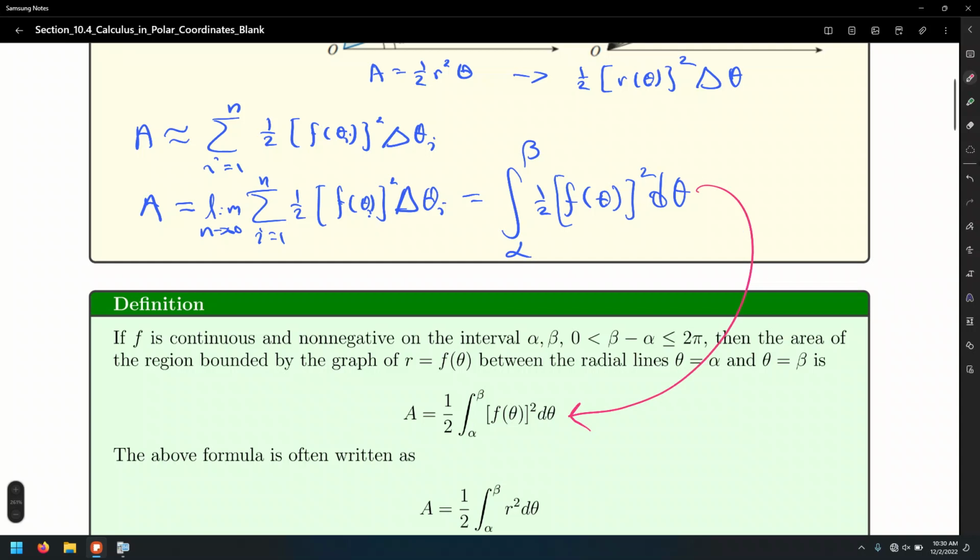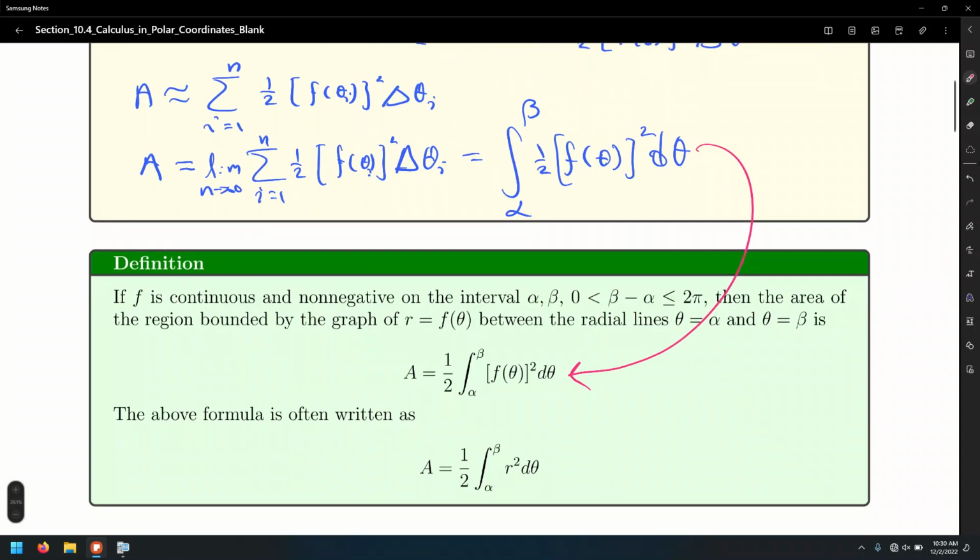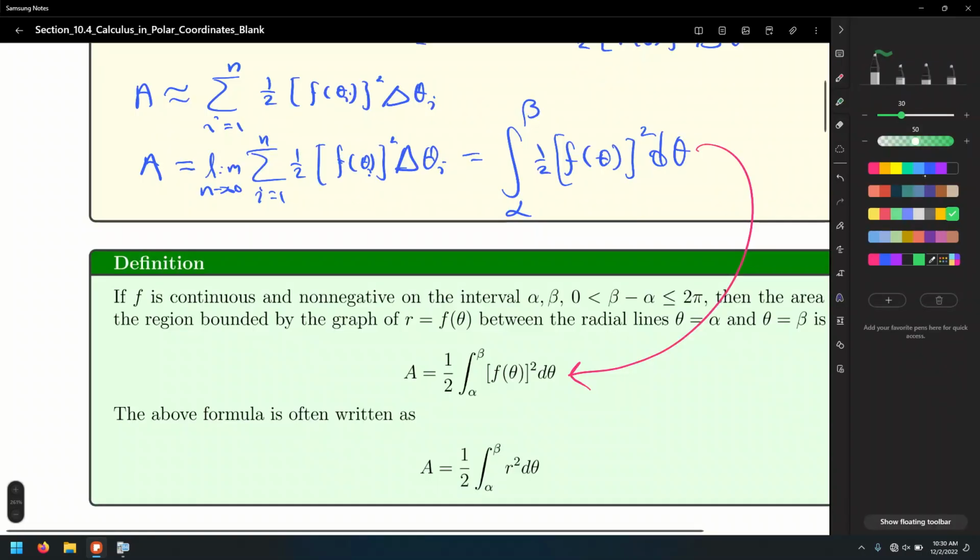Another variation, instead of saying f of theta quantity squared, another way to express this is f of theta the same as r. It's the same thing. It's even more compact to express, and it's a lot more convenient. So how about we do one example of finding area inside of a polar curve.